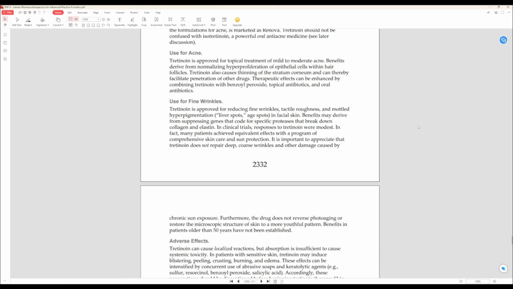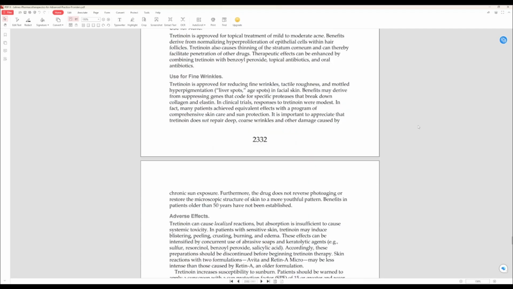In fact, many patients achieved equivalent effects with a program of comprehensive skincare and sun protection. It's important to appreciate that tretinoin does not repair deep, coarse wrinkles or other damage caused by chronic sun exposure. Furthermore, the drug does not reverse photoaging or restore the microscopic structure of skin to a more youthful pattern.